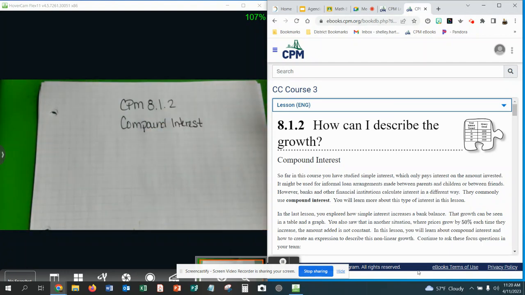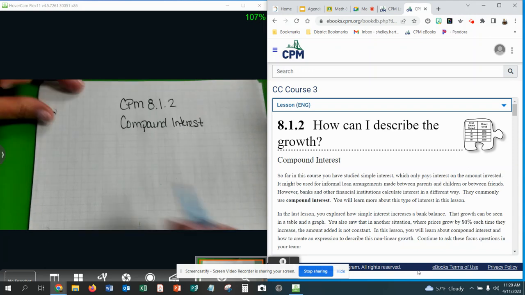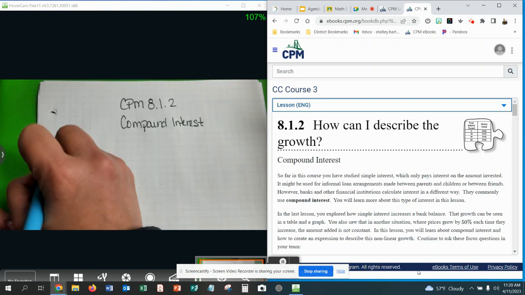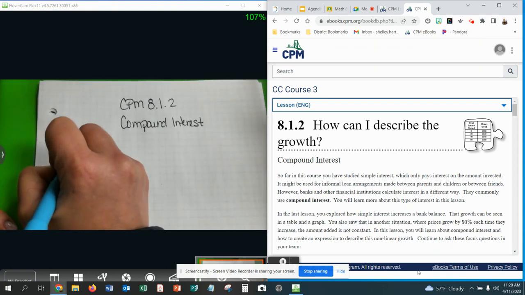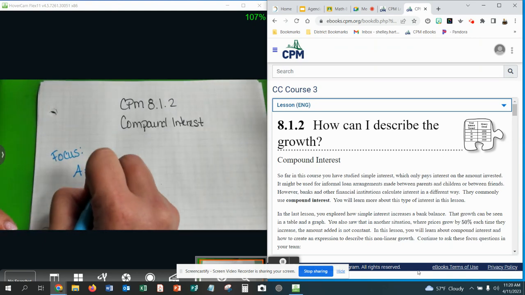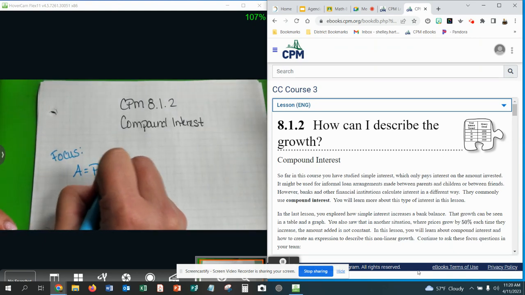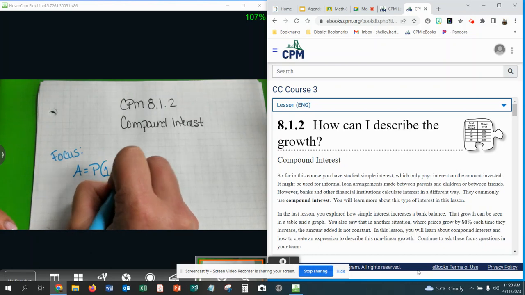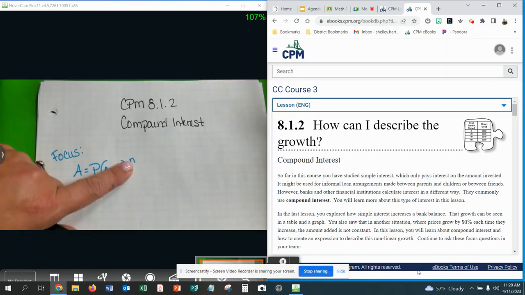Okay, so our focus today is on compound interest. Its formula is A equals principal times 1 plus rate, with our exponent as n.